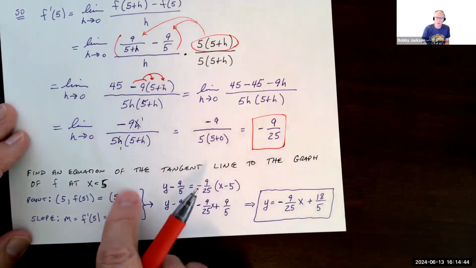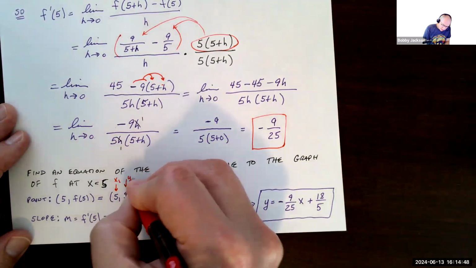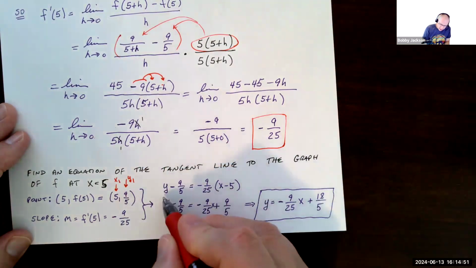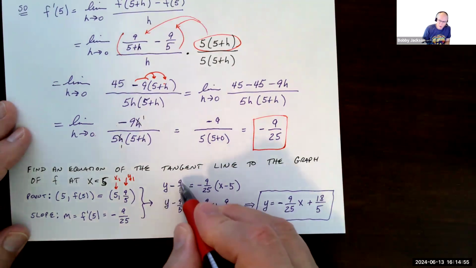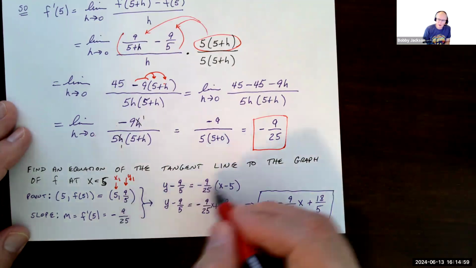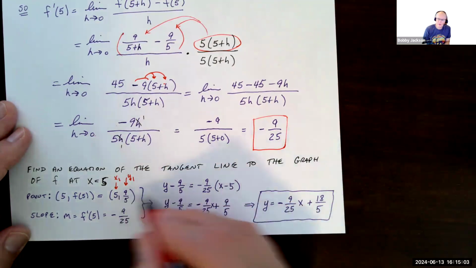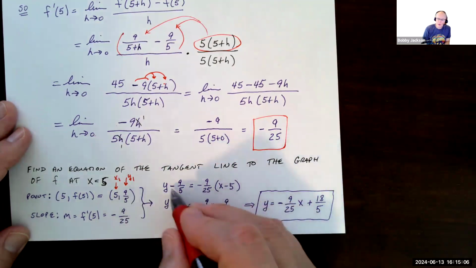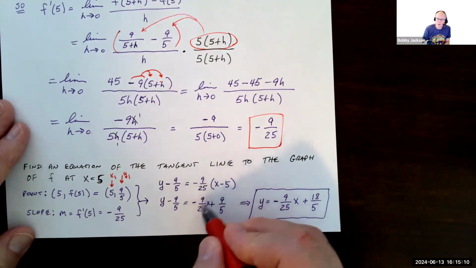So we have our point. We'll call that the x1 and the y1. And we have our slope m. And so remember the point slope form of the equation, y minus y1. What's y1? 9/5 equals m slope, -9/25 times the quantity x minus x1, where x1 is 5. So I have the equation. I just need to solve for y now. Distribute the -9/25.